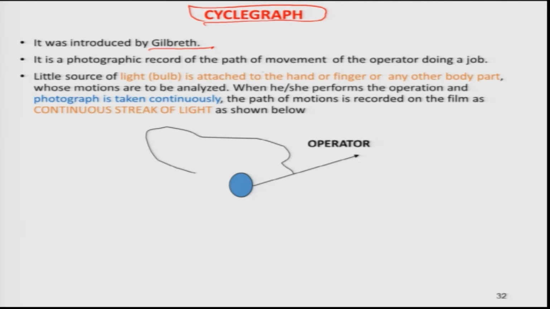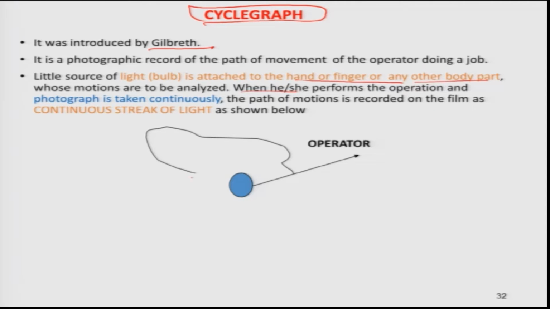It is a photographic record of the path of movement of the operator doing a job. Here a small source of light is attached to the finger or any other body part whose motions are to be analyzed. When he or she performs the operation and photographs are taken continuously, the path of the motion is recorded on the film as a continuous streak of light, as shown below.